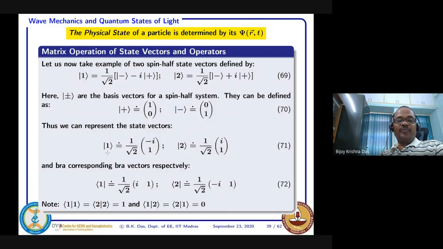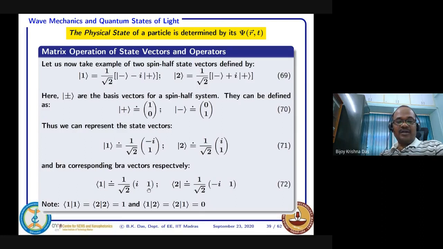If you try to find the inner product, or norm, of vector 1, you take bra 1 and ket 1. You write this one first and then this one, so this multiplied by this. If you multiply these two, you will get 1.